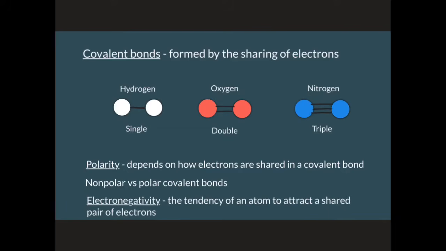And electronegativity is a way of saying how much do those elements or atoms in the bond want the electrons themselves. If they have a strong electronegativity, they may pull those electrons closer to them, as we saw in our example of water before. If the electronegativity is more equal between the elements, then there's going to be more of an equal sharing. Let me show you what I mean.